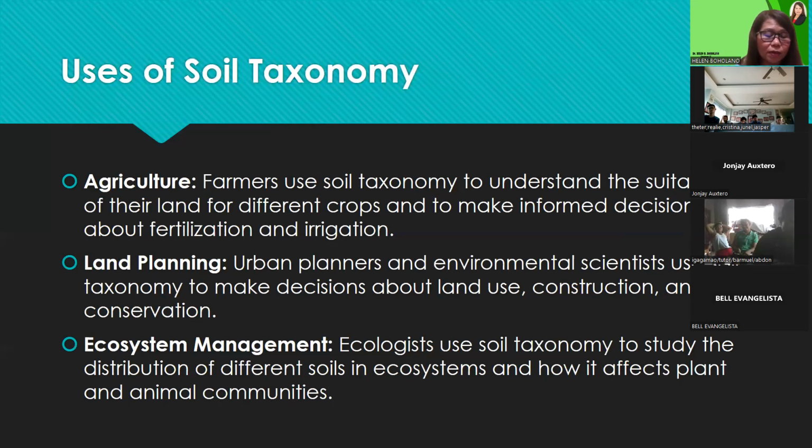I mentioned this in the first few minutes of my discussion: as a farmer, an agriculturist, or even the owner of the land, you should know what kind of soil you have so that you can fit in what kind of crops, vegetables, or trees are suitable for your particular type of soil. Then land planning. Urban planners and environmental scientists use soil taxonomy to make decisions about land use, construction, and conservation.